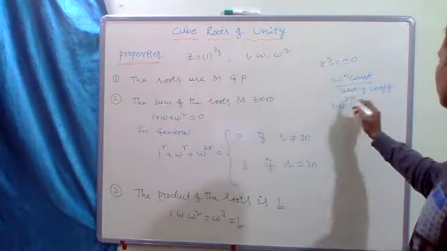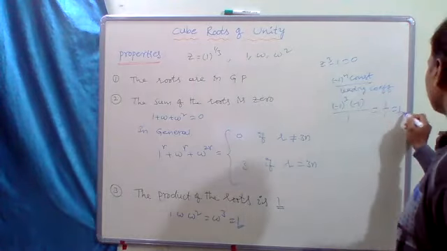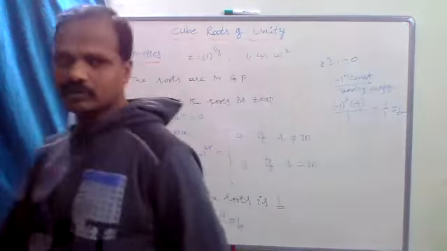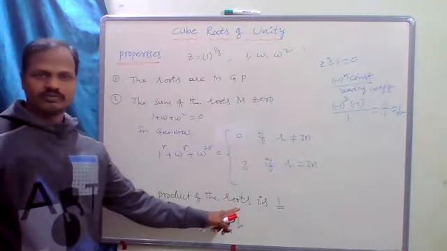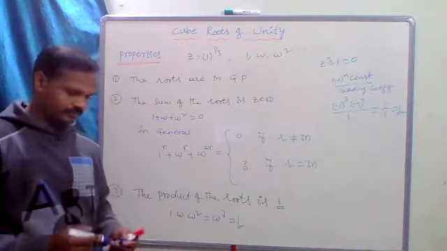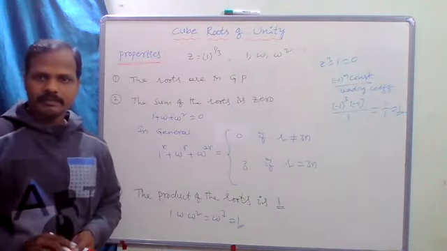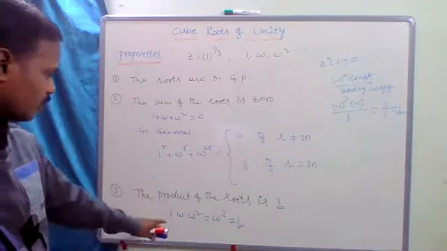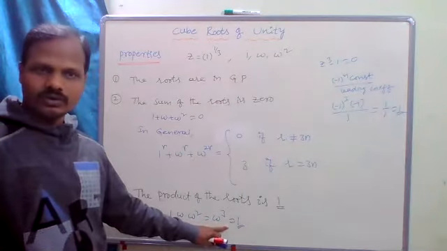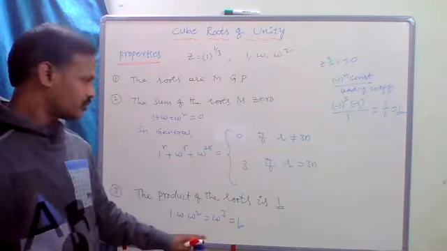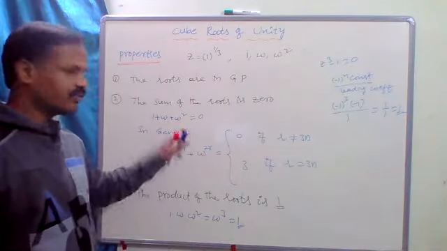So it is minus 1 power 3 times minus 1 by 1, which is equal to 1. So the product of the cube roots of unity is 1. Is it clear? Okay, so 1 into omega into omega square equals omega cube equals 1. These two results are very powerful results, remember.